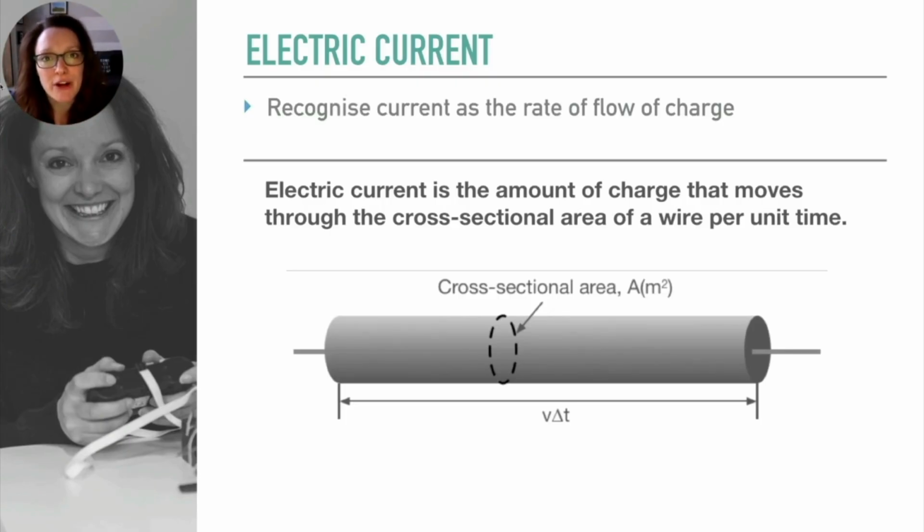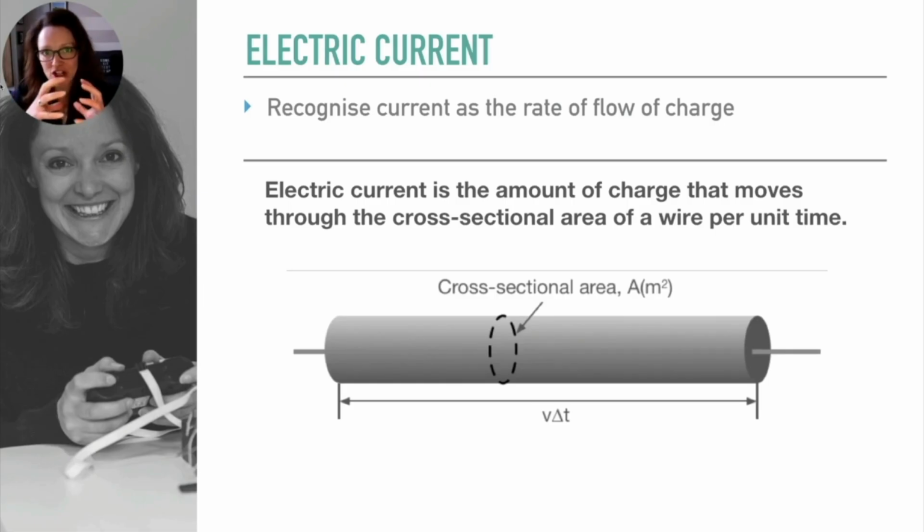But as we're talking about electric current as a rate of flow of charge, we need to bring in this term rate and how it relates to time. Whenever you see the word rate, like rate of energy or rate of flow of charge, you need to divide by time.